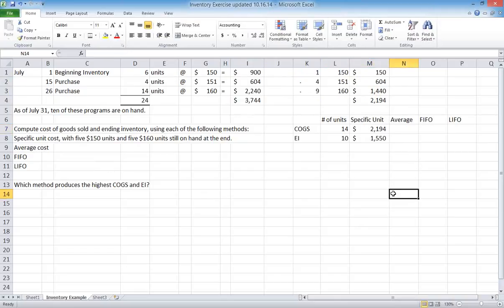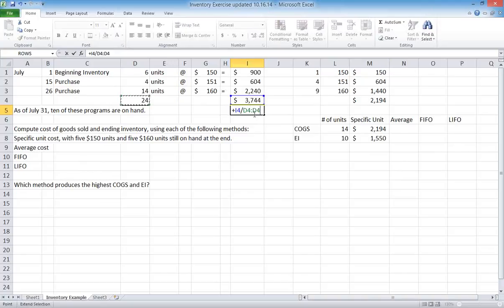This one, because of the way we need to work this with our average cost, we don't have any dates of when we sold, so it's much easier to compute our average cost. We had a total cost of $3,744, total units of 24, divide the cost by the units.